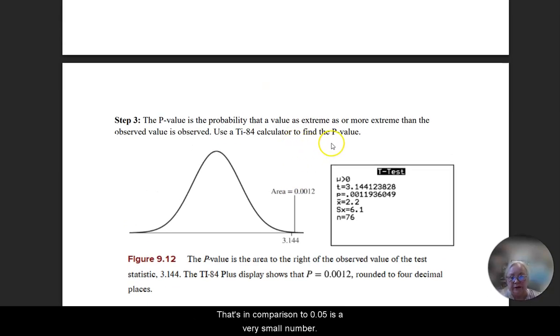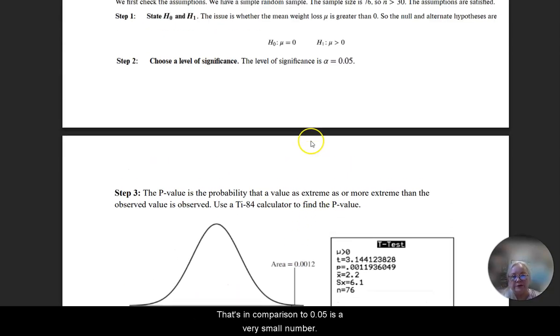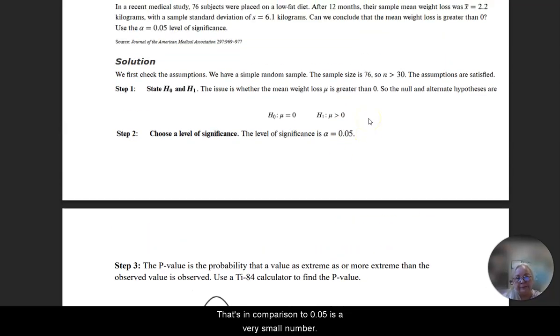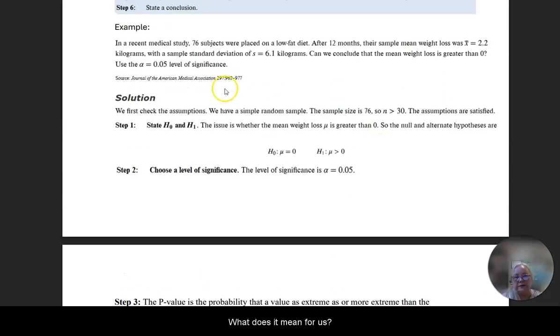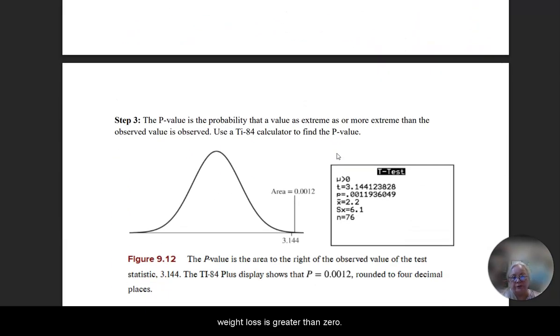0.001193649. That, in comparison to 0.05, is a very small number. What does it mean for us? Let's look at the hypotheses. The H0 hypothesis is that the mean weight loss is 0, and the H1 hypothesis is that the mean weight loss is greater than 0.